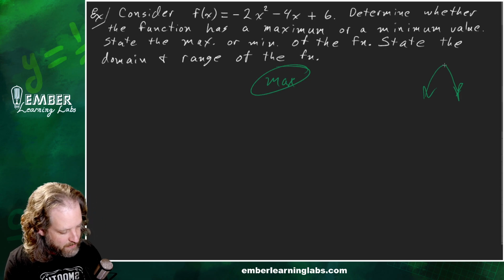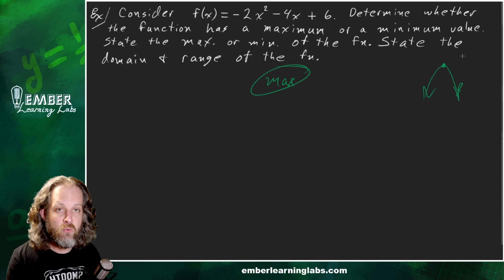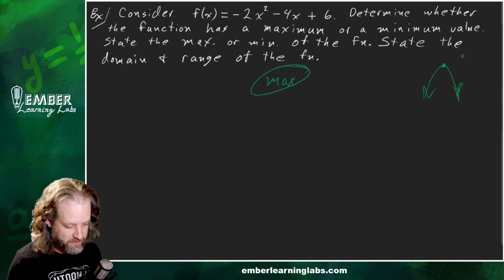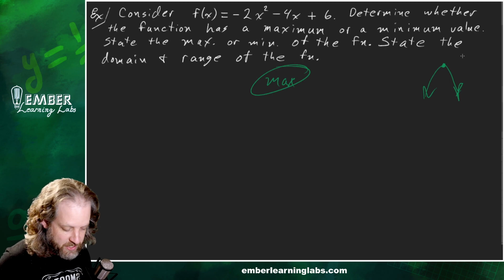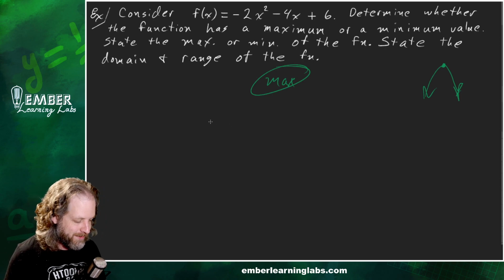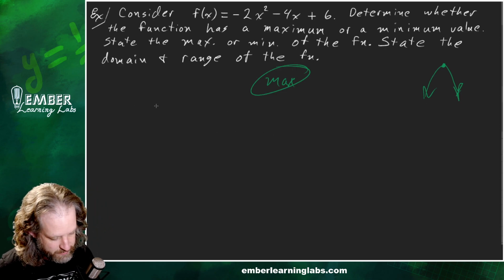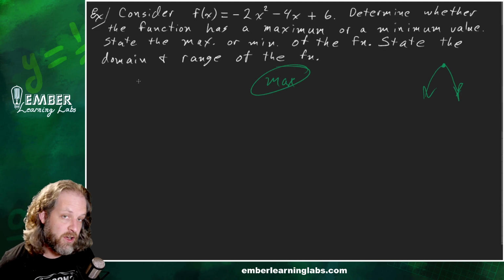Now, state the maximum or minimum. Where would that be? It would be the y part of the vertex. So we're going to use what is actually called the vertex formula. We're calling it the axis of symmetry formula in this lesson, but it's often called the vertex formula.